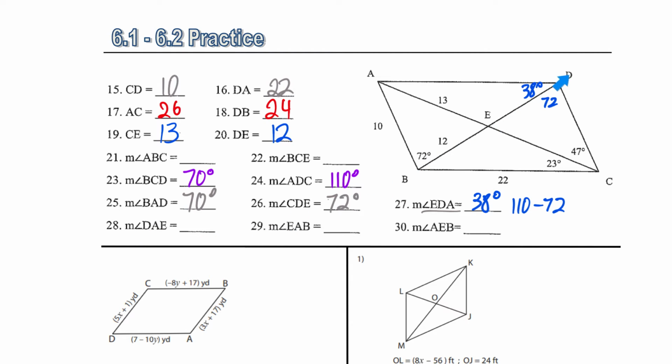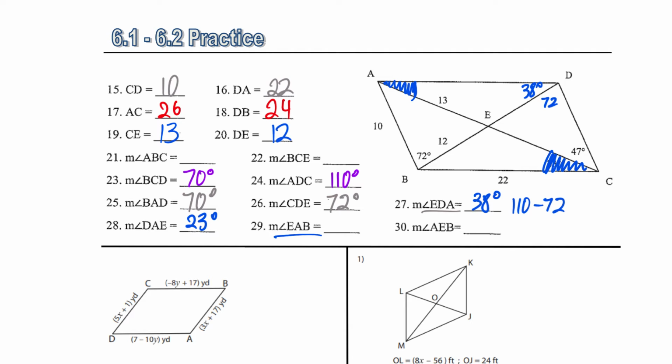On this one, angle DAE. So we're looking for this one right here now. How big is that one going to be? 23, because it's going to match up to that one right there. Next is angle EAB.